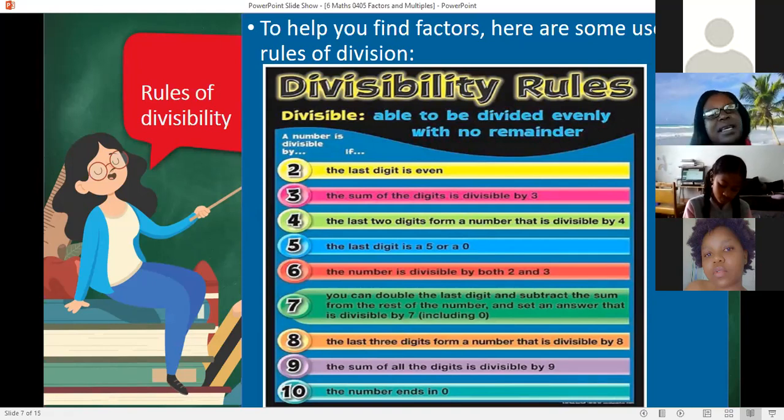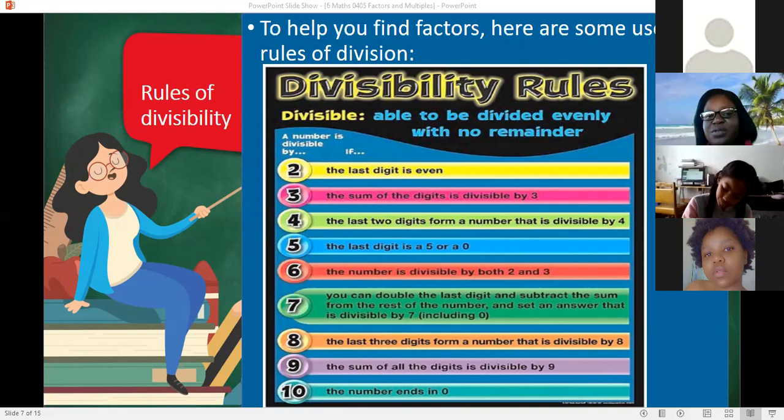Say, for example, the number is 716. The last 2 digits are 16, and 16 is divisible by 4 because if I count in 4s, I will say 4, 8, 12, 16. So if the last 2 digits are divisible by 4, then you don't need to divide the whole number.